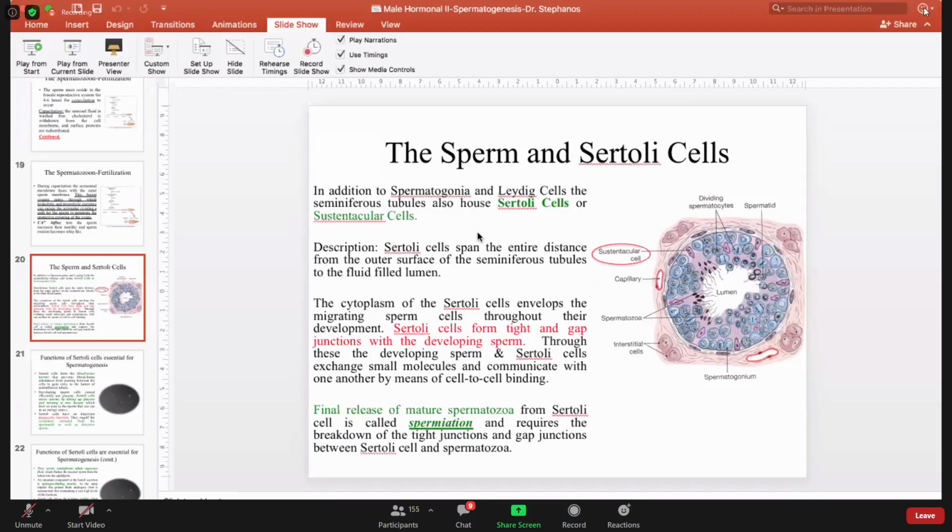However, testosterone produced by Leydig cells has a negative inhibition directly on the anterior pituitary, so it will suppress FSH and LH. So without testosterone, sperm cannot mature. It needs to bathe in testosterone in order to be remodeled.